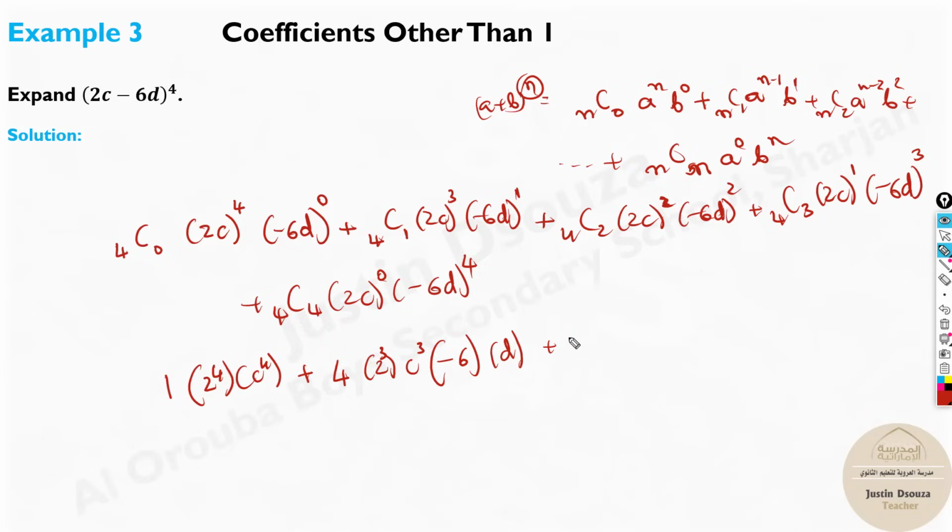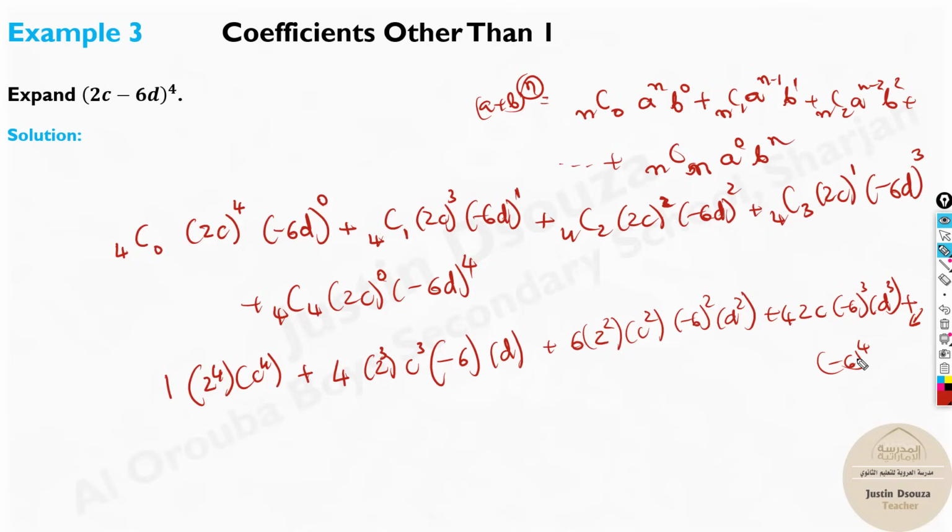Then we have 4C2, that is 6. And here we have 2 square, c square, minus 6 the whole square, d square. Again we have 4, 2c, and this is minus 6 the whole cube and d to the power 3. And lastly this one will be 1, and this is also 1. You're remaining with only plus minus 6 the whole power 4.